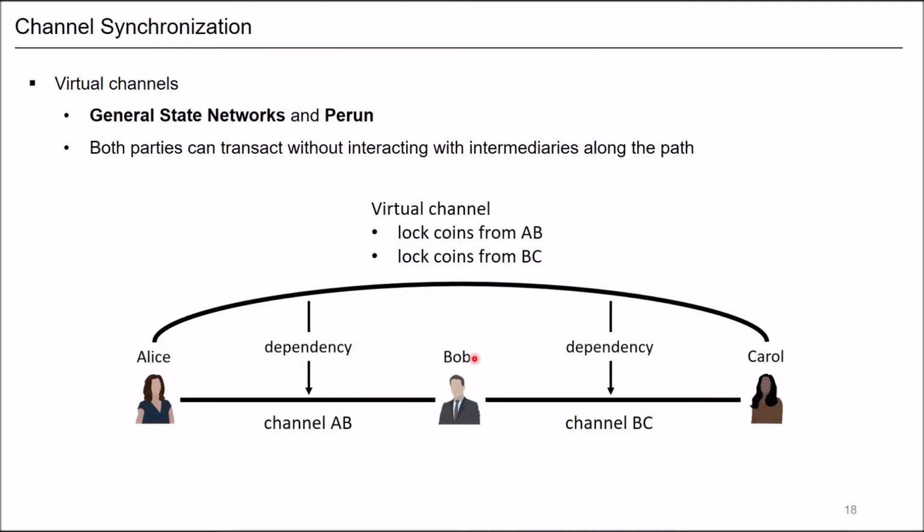Bob is not engaged with this virtual channel. In this manner, A and C can transact without interacting with intermediaries along the path, thus reducing the transaction latency.